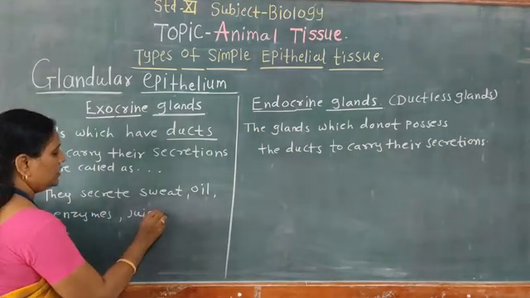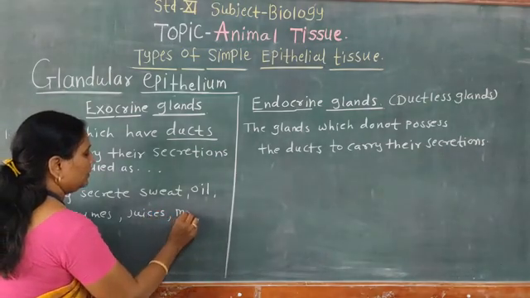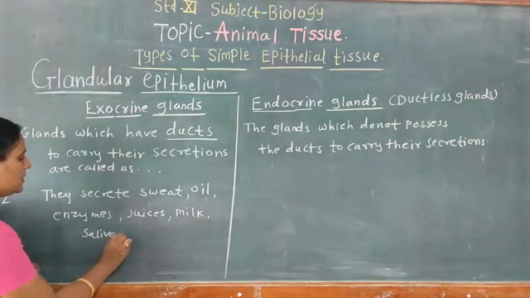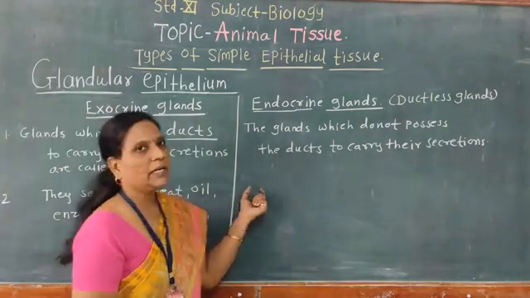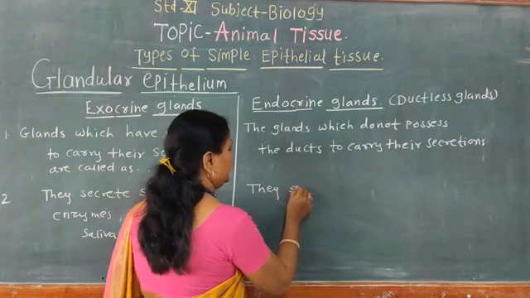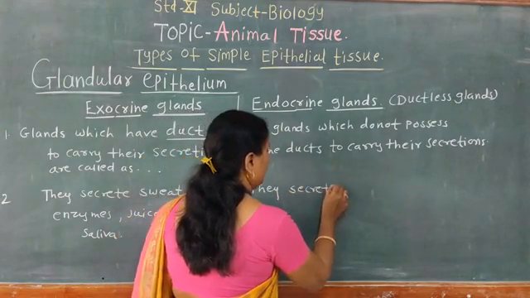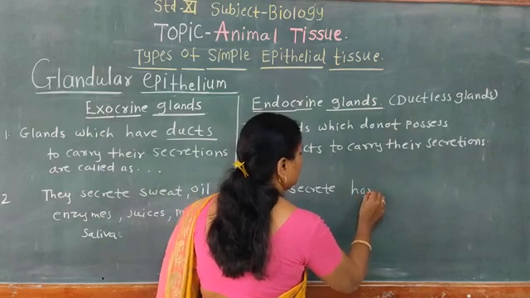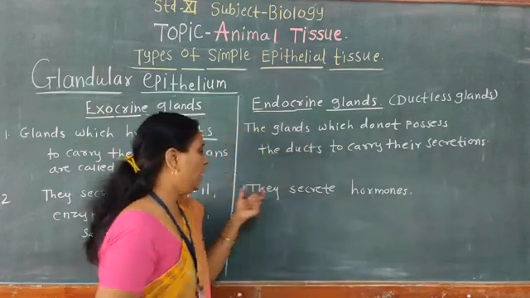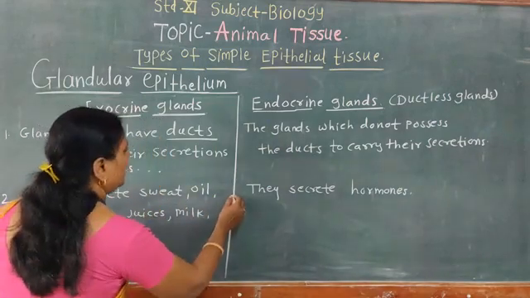Also they secrete milk, saliva, etc. Different secretions are there, but in case of endocrine glands, they secrete only the hormones. The endocrine glands secrete hormones. So it is another important difference between the exocrine and endocrine glands.